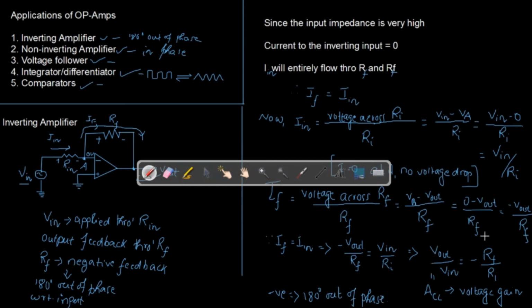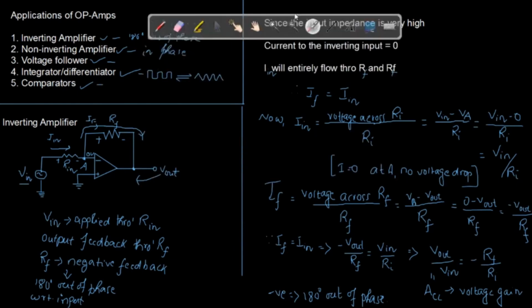So look here, if you want a very good output with respect to input, if you change the value of RF, so that means if we can just increase the value of this resistance, let's say the resistance is high compared to this R in, we can actually get a very good voltage gain, a very good amplification factor. And this is what the inverting terminal is all about.